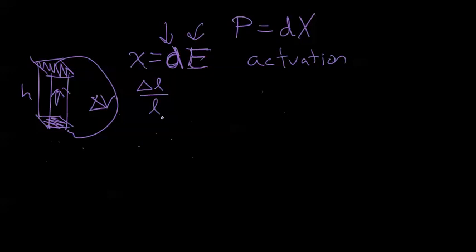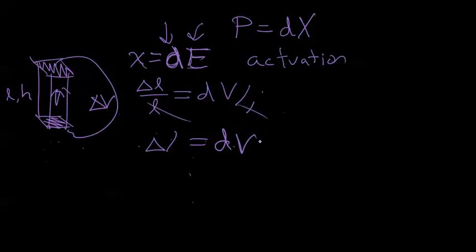The change in length times the length equals the piezoelectric D constant times the voltage times the length, divided by the length. And as you see, these cancel, and we get the displacement equals D times the voltage. This again gives us the piezoelectric charge constant. It also gives us the change in length with regards to the voltage applied.